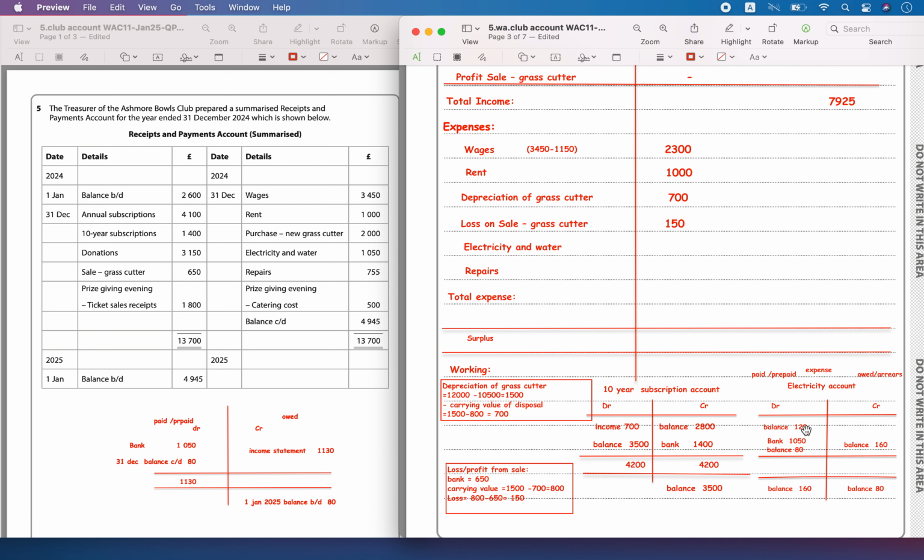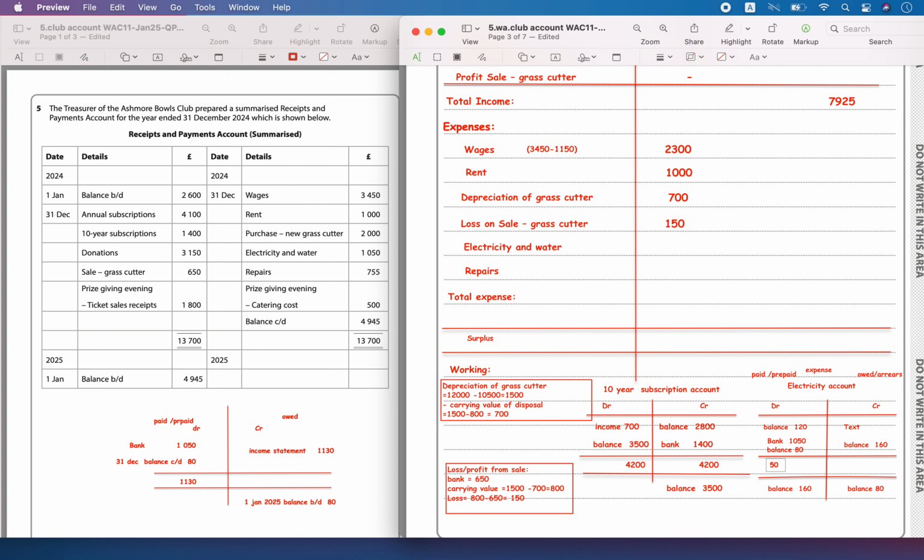Now let's add up on both the sides and see how much is going to go into the income statement. So 120 plus 1050 plus 80, that should be equal to 1250. So that is the value you will put as the total 1250 on both the sides.